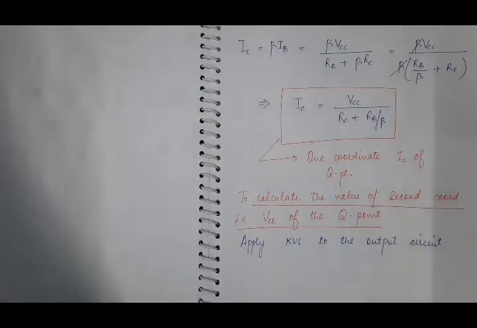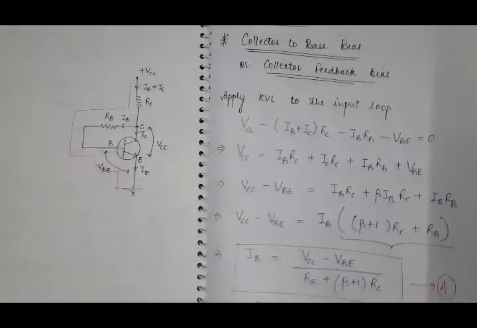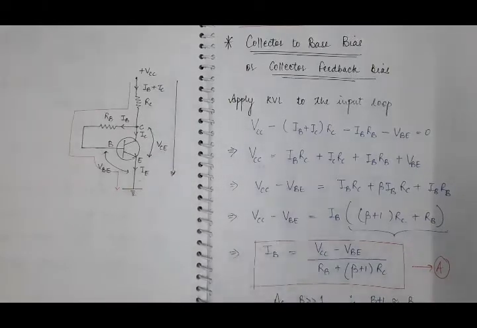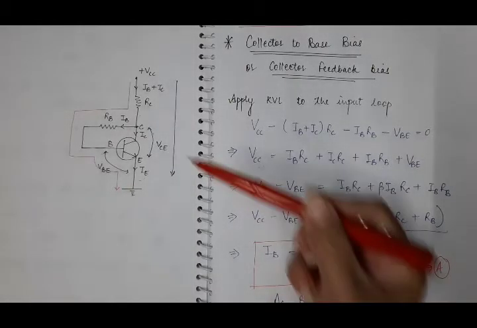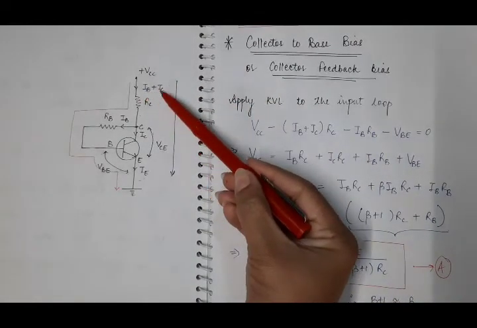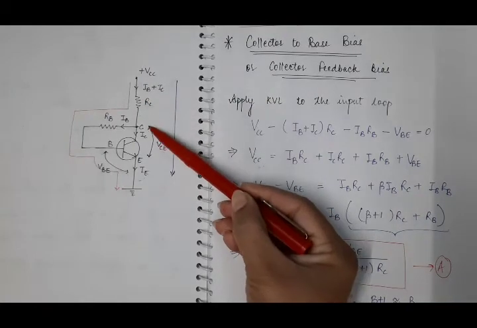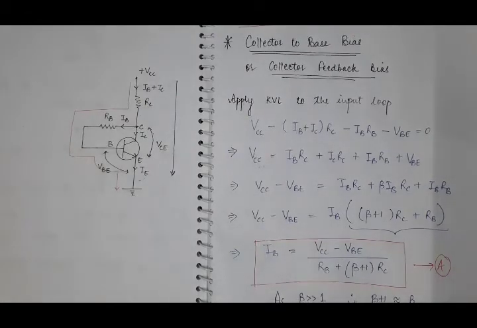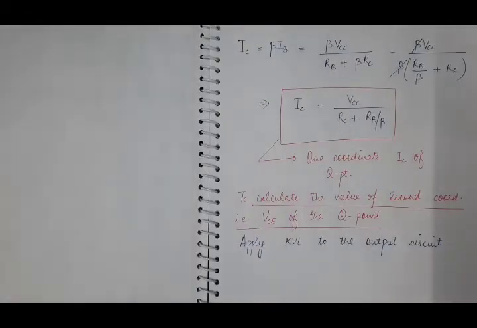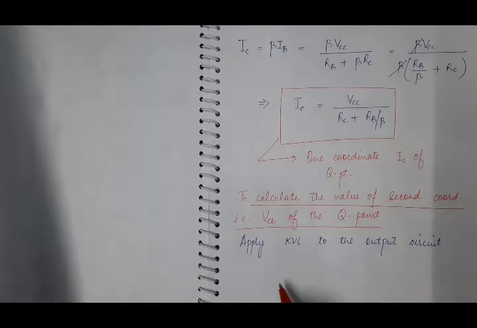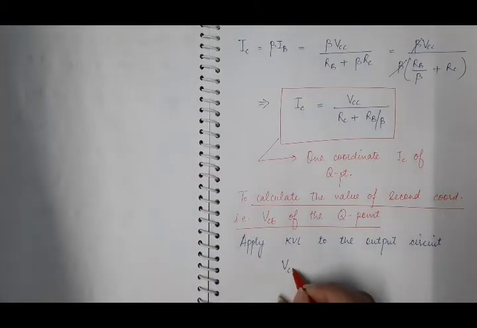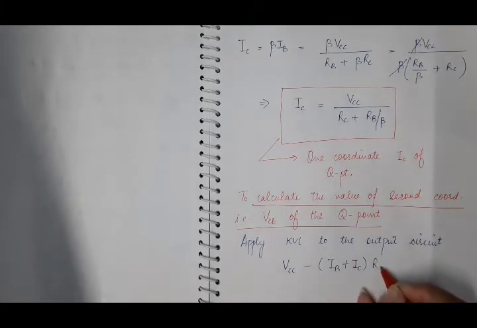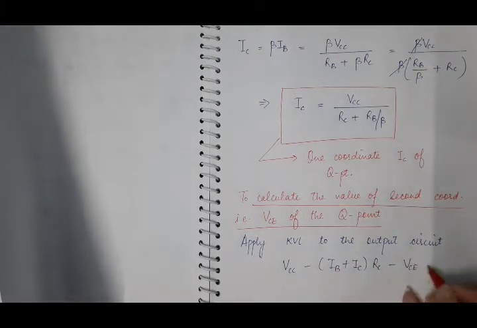So this is the output circuit. Applying Kirchhoff's voltage law to the output circuit, it will be VCC minus (IB plus IC) into RC minus VCE equals 0.